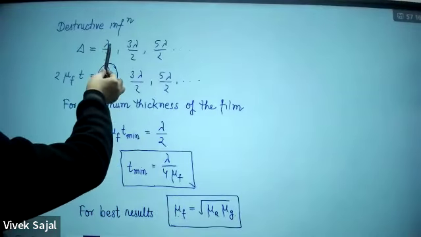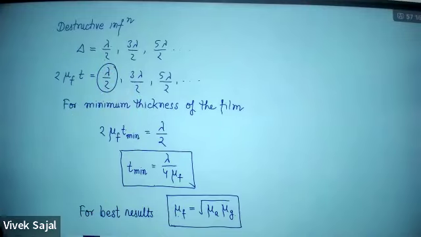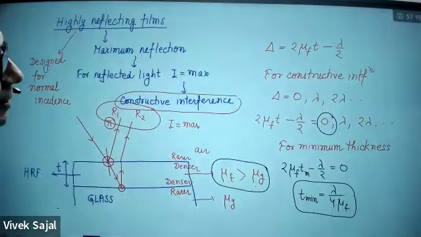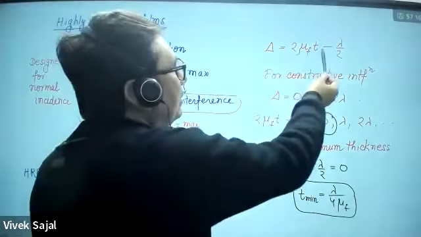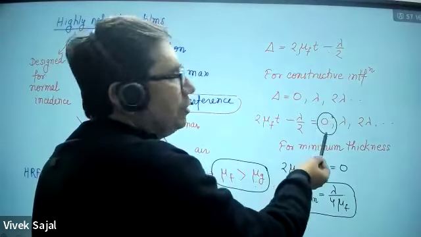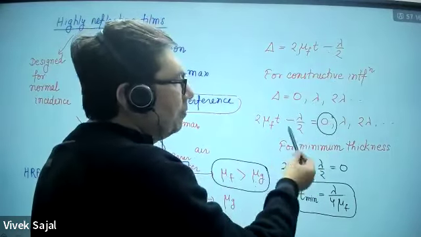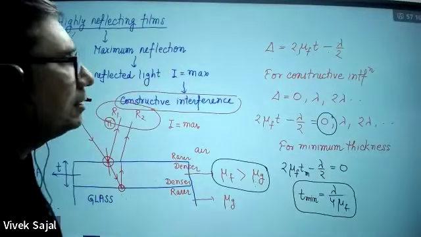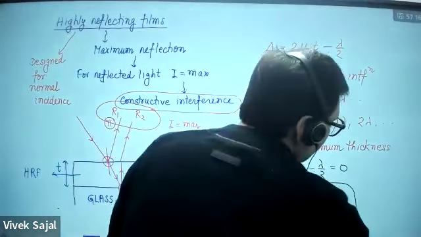For destructive interference, I was choosing lambda by 2, 3 lambda by 2. And in the next case, 2 mu t minus lambda by 2, here you can choose 0 because this is lambda by 2. It will go on the right side and thickness will not be 0. So you have to take care of this aspect.